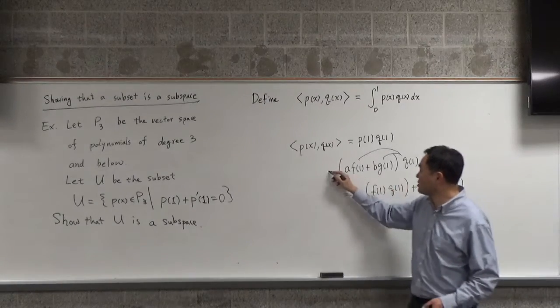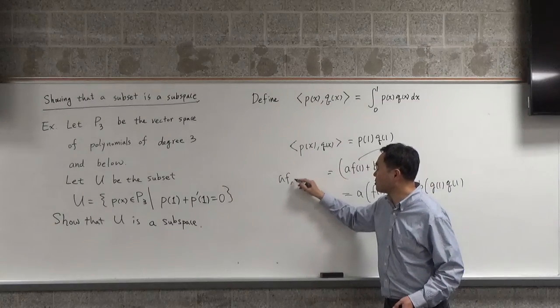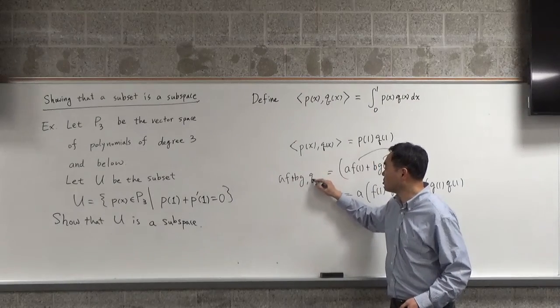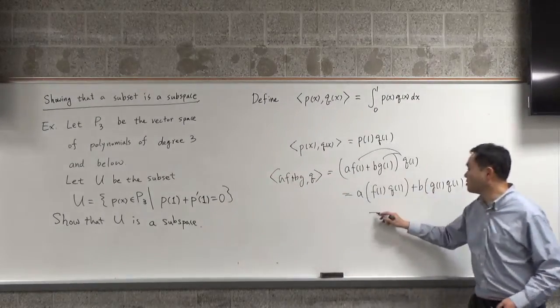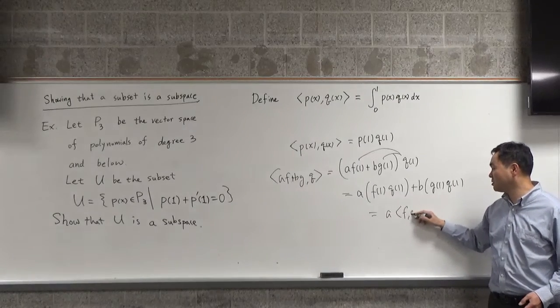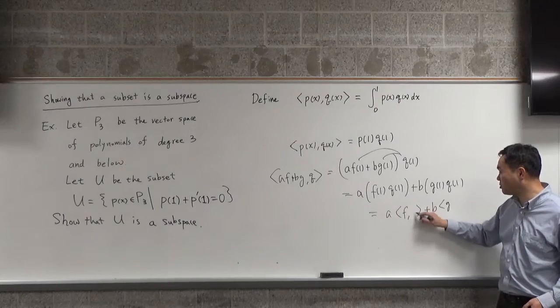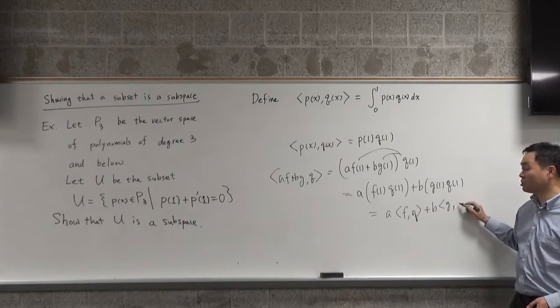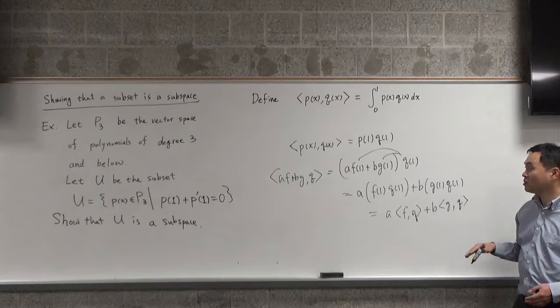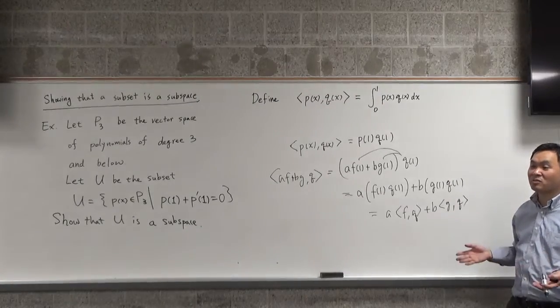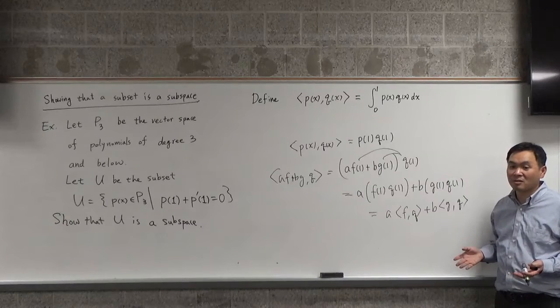And this side would be a times f plus bg times q, and this side would be a times fq plus b times gq. So of course it's linear. So it's linear and symmetric. Is it positive definite?